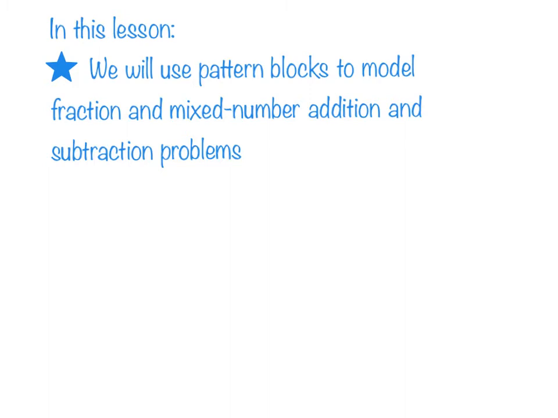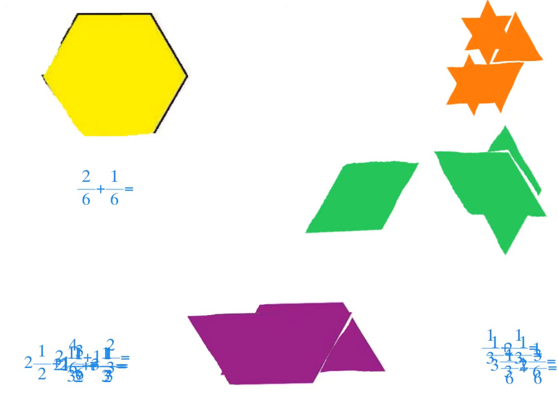So in this lesson, we're going to use pattern blocks to model fraction and mixed number addition and subtraction problems. As you can see, I kind of have a little bit of a mess here, but if I were going to do the problem that says 2/6 plus 1/6, now which of those pattern blocks were 6? Those would have been the triangles, correct?